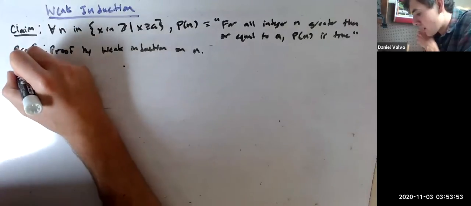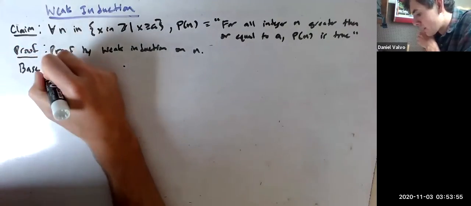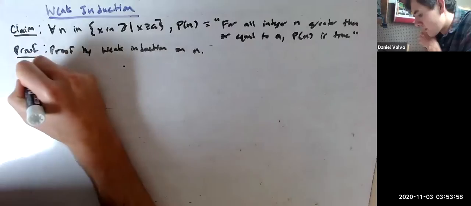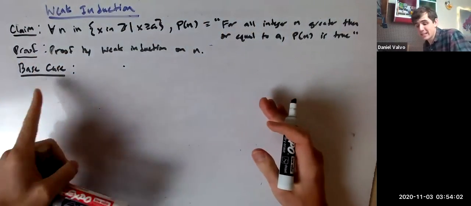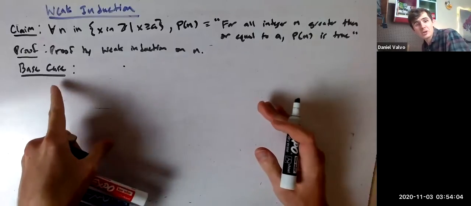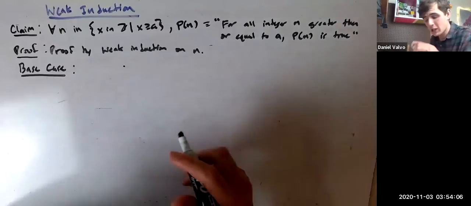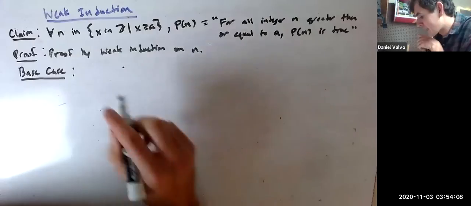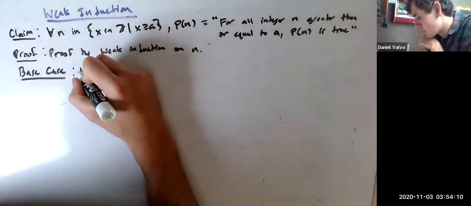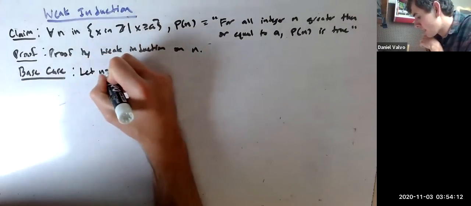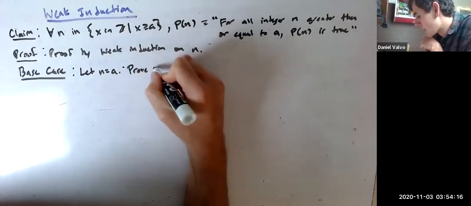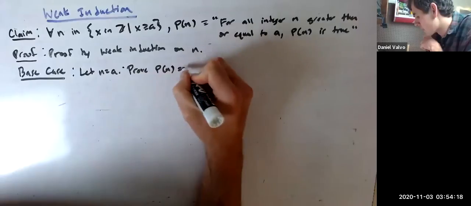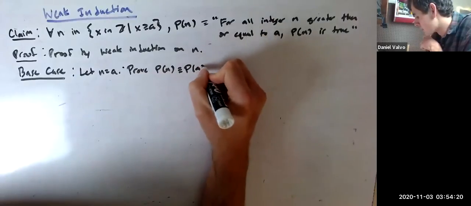And so we always start with a base case. And the base case is just connecting the chain to the truth. That's like saying the first domino will fall. That's what the base case is. It starts off the chain reaction. So for the base case, you let n equal a, and then you prove P of n, which is equivalent to P of a.